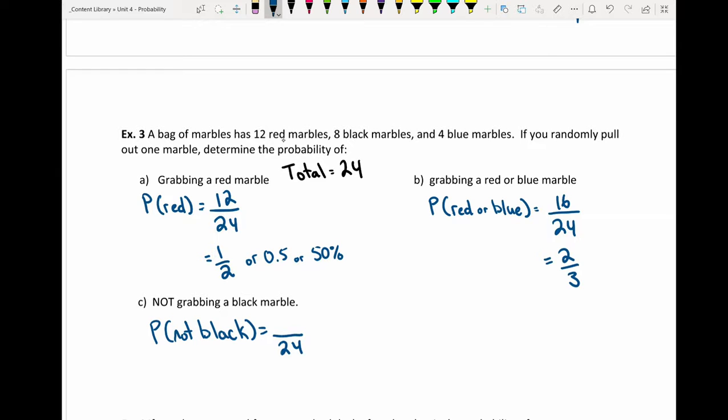That's just my red and my blue marbles, which is 16, which I can reduce to 2 over 3. Or I could see that in example B, grabbing a red or a blue marble is the same thing as not grabbing a black marble. So just different ways of wording the same thing.